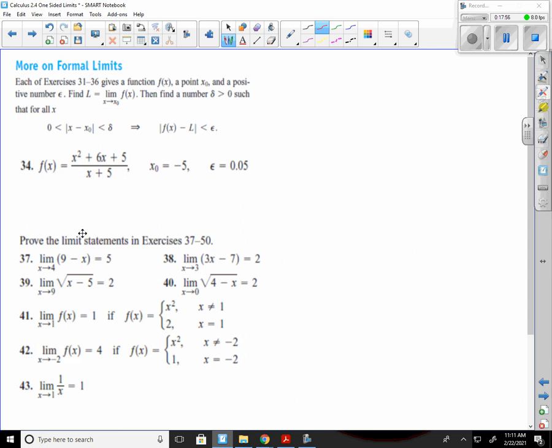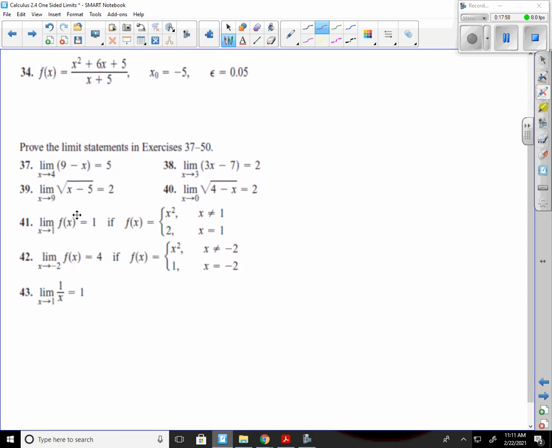Next one, number 37. So here we had to go through the same steps, but not with an actual epsilon. So we're taking the limit as x approaches 4 of 9 minus x, and we're trying to prove that that's equal to 5.